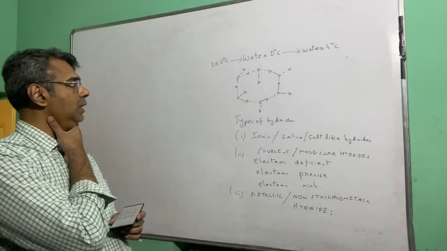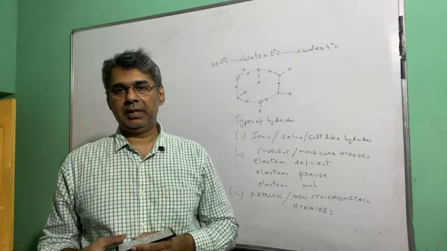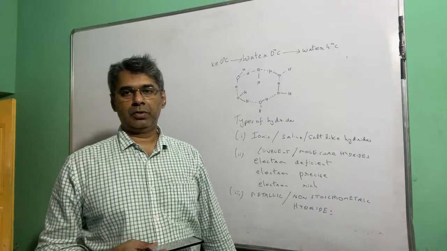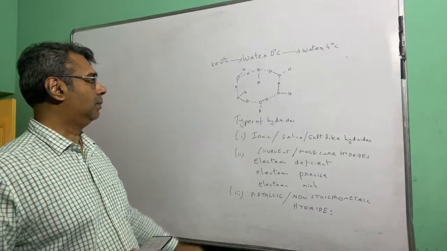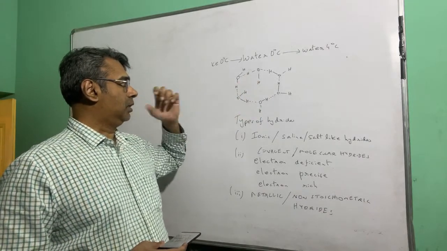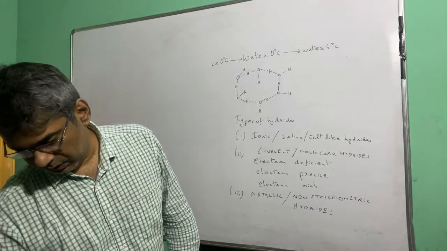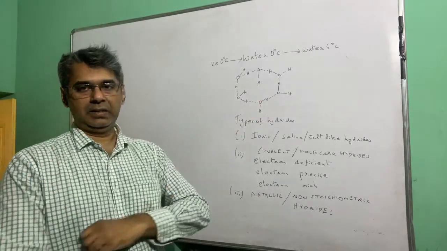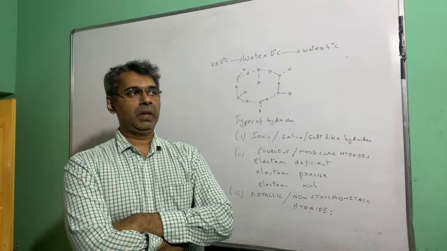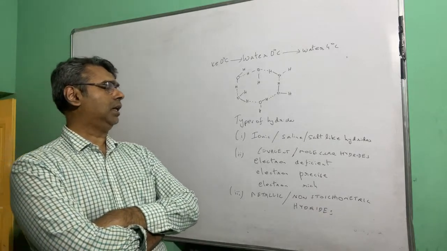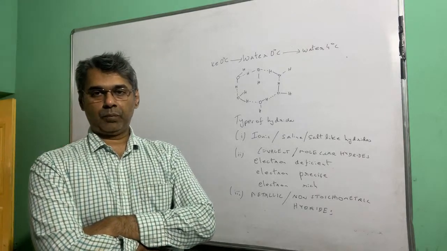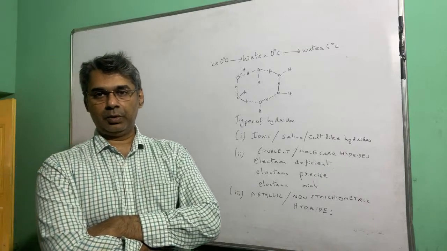So ice at 0 degree, what happens? The density of ice is around 0.9. At 0 degree it becomes water. When it becomes water, this cage-like structure, which is for ice, starts collapsing, and as it collapses, the density increases because volume goes down.